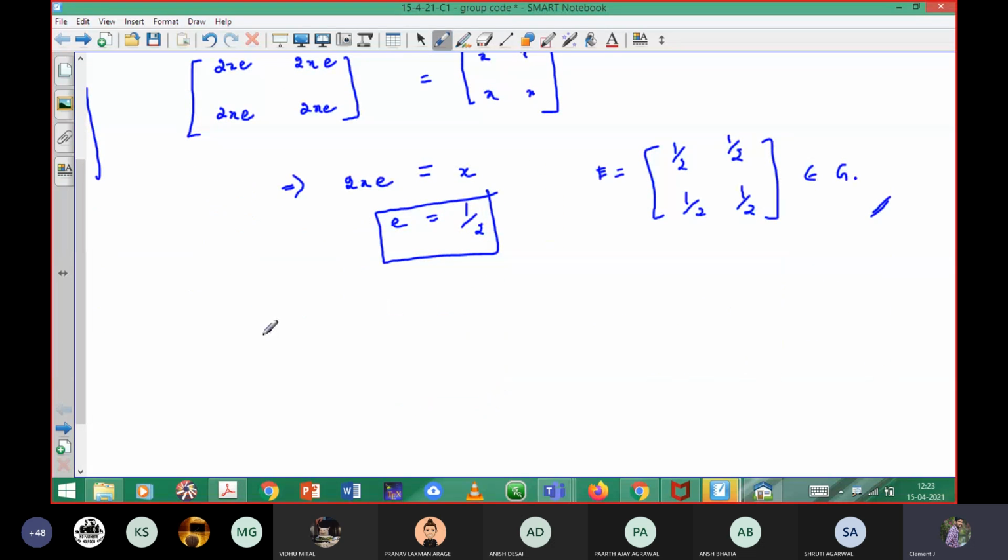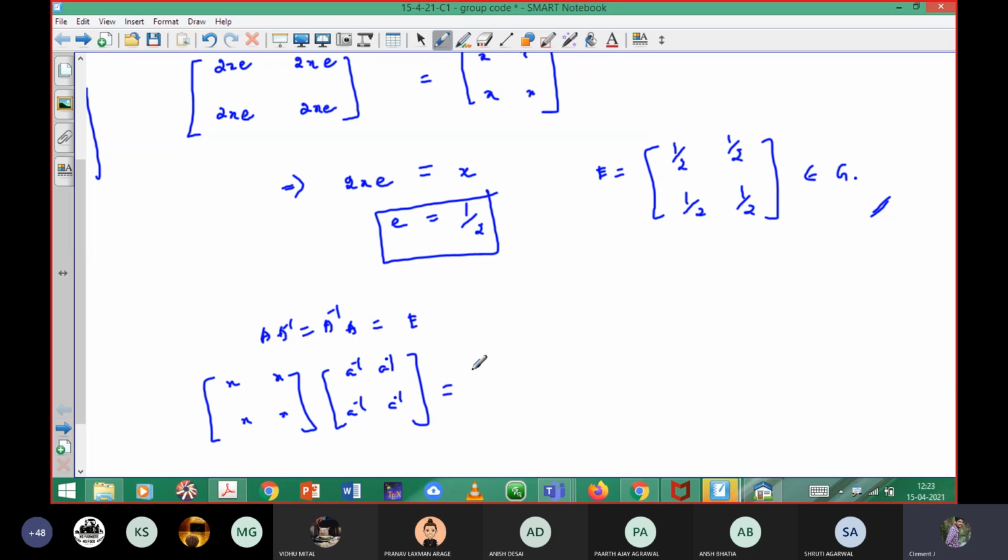Next step is a times a inverse equals a inverse times a equals e. Here again I can consider a as the matrix with x in every entry, and a inverse as the matrix with a inverse in every entry. E you have already determined, that is 1 by 2 in every entry.